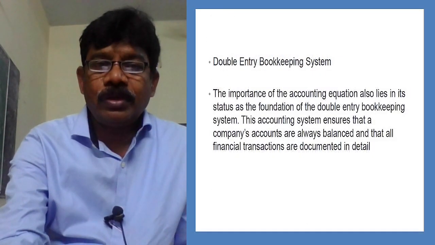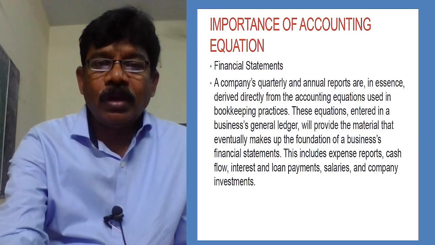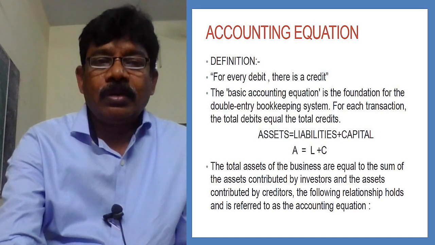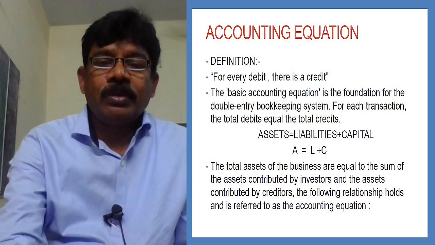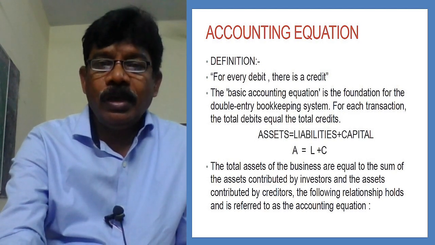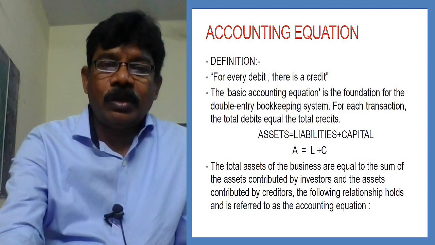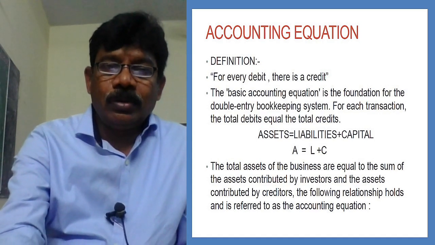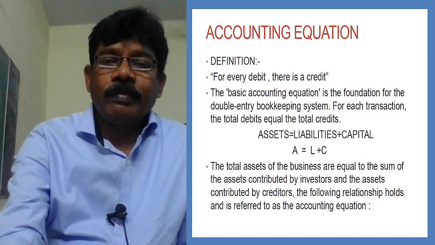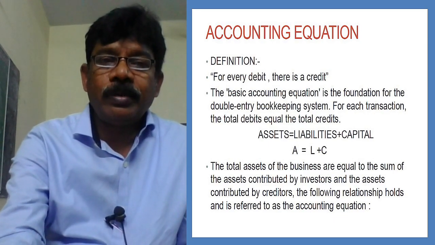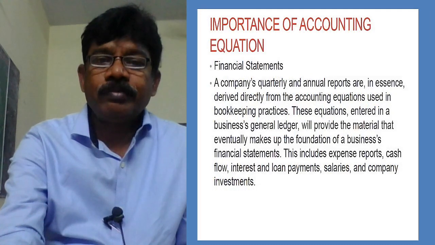So, the accounting equation is very important. The accounting equation is developed based on our accounting concept called dual aspect. Dual aspect explains that for every debit there is a corresponding credit, as well as if one account is benefited, another account may be lost. So the accounting equation is assets equal to liabilities plus capital.